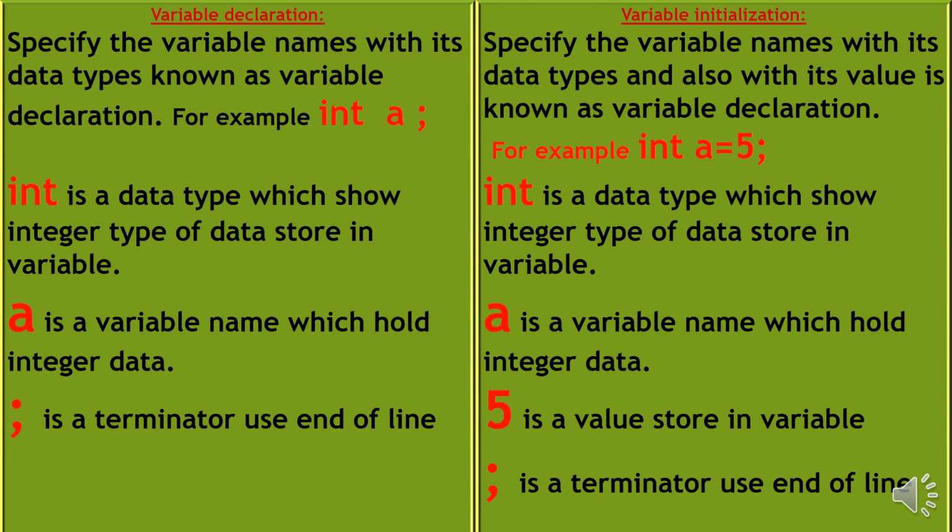For example, int a = 5. Here int is a data type, a is a variable, equal is the assignment operator, and 5 is the value which is stored in a, and semicolon is known as a terminator. So we can say that the main difference between variable declaration and initialization is its value.